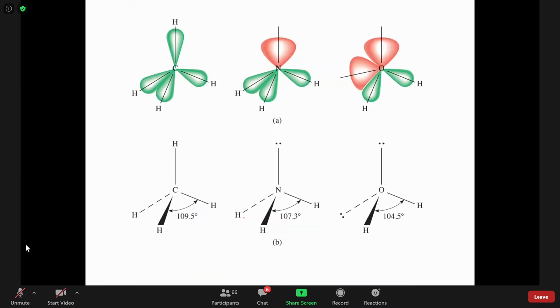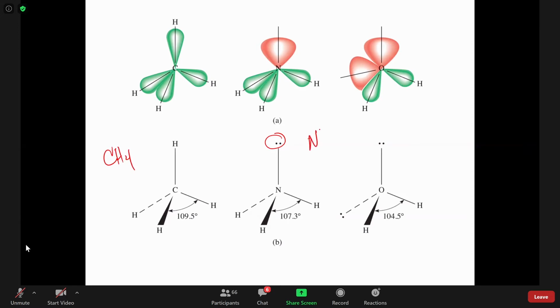Okay, before we move on quite to that though, this does introduce, in fact, a structure where you have, so this is methane, and we just have 4 covalent bonds.